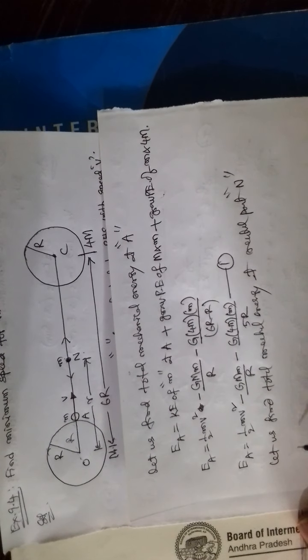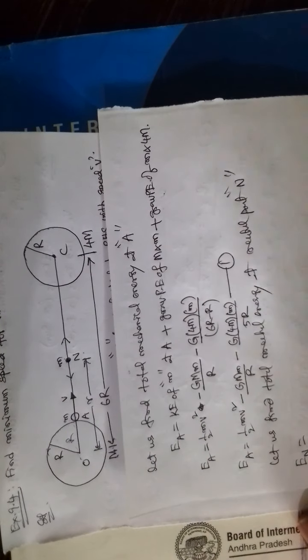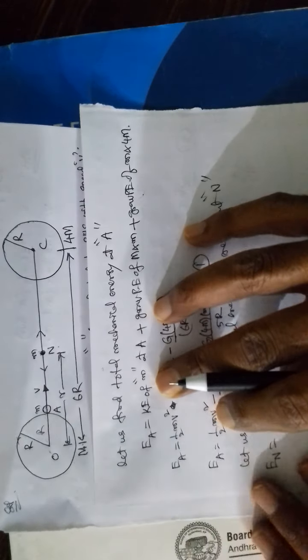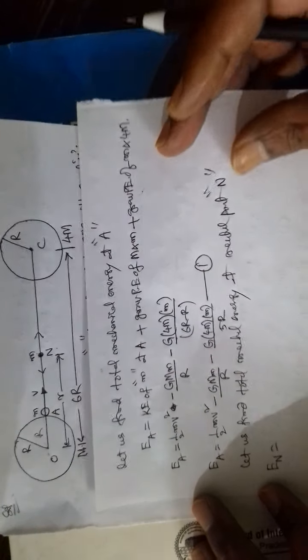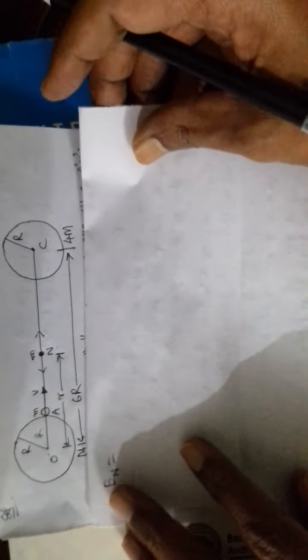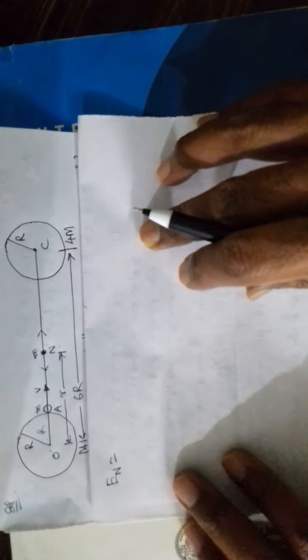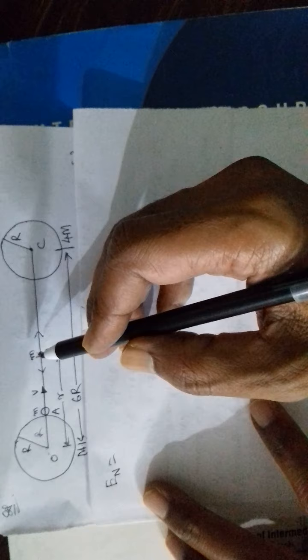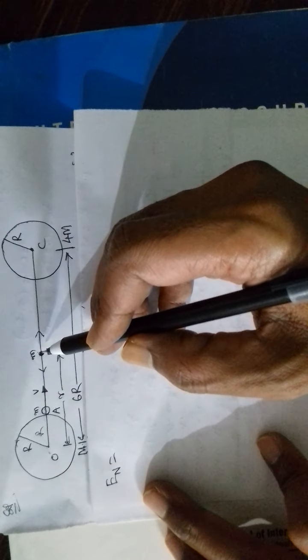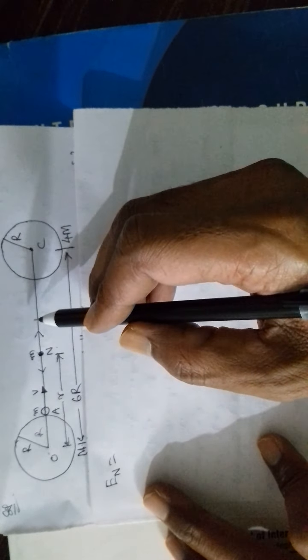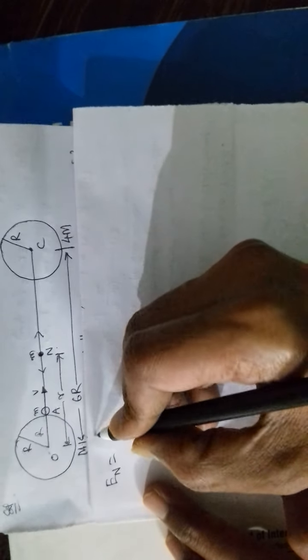So En, total energy at n. Total energy at n. Here the object has velocity 0, so it has no kinetic energy.